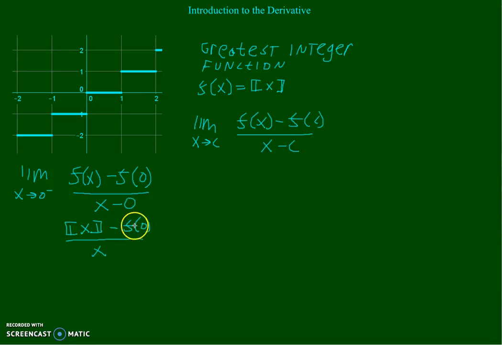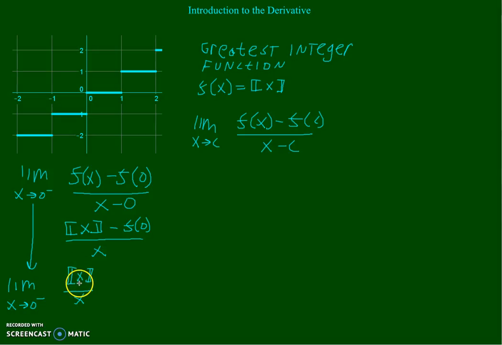Okay. So f of 0, this function evaluated at 0, is just 0. So this expression is actually the limit of this. As this value approaches 0 from the left, this is an increasingly small negative number.